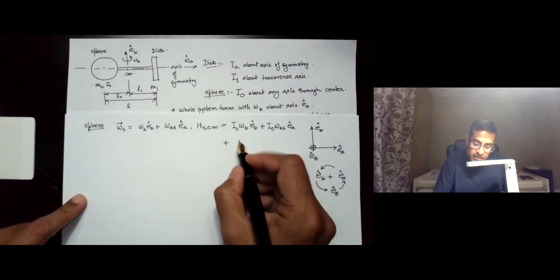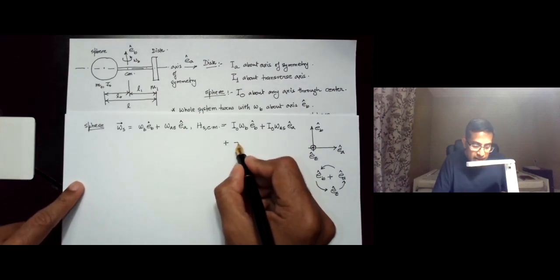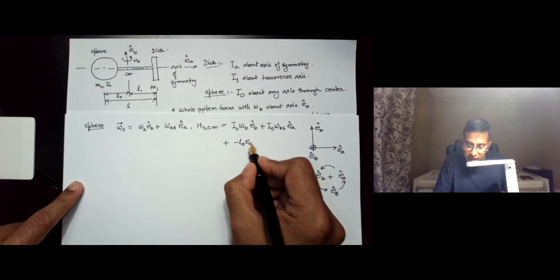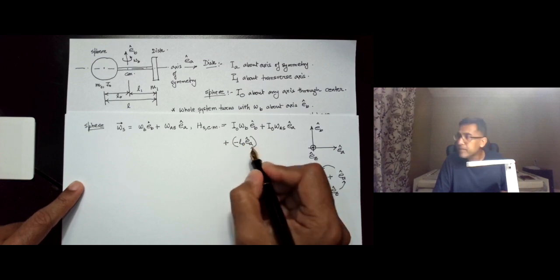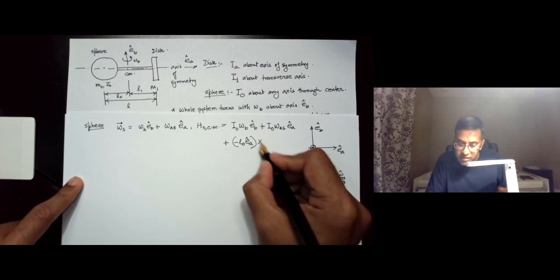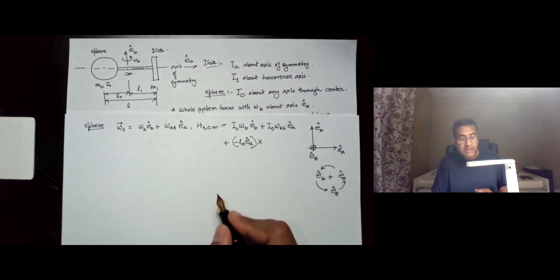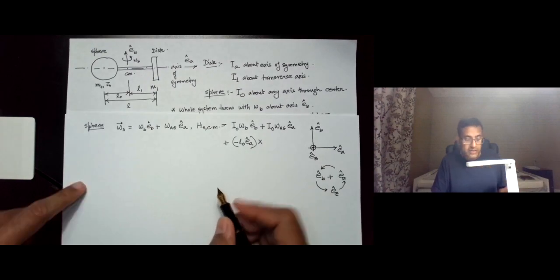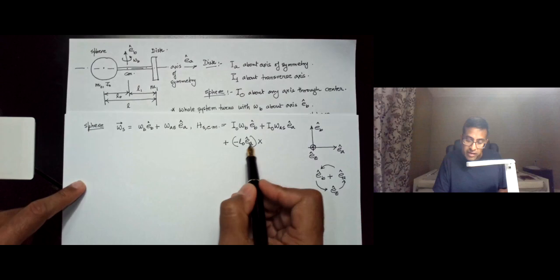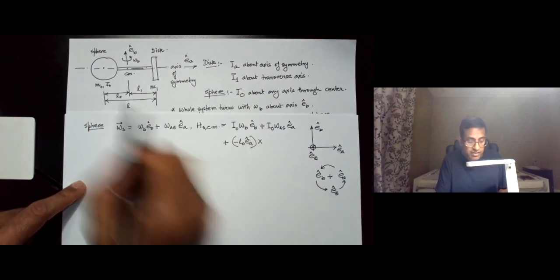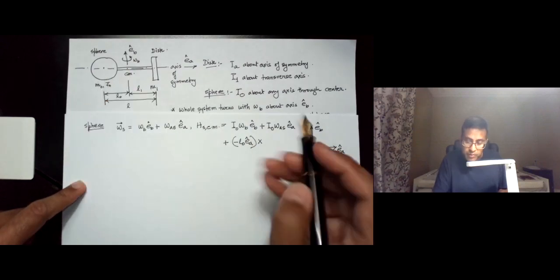So in this case it's going to be negative L naught EA, cross then the mass times the relative velocity of this point with respect to this point.